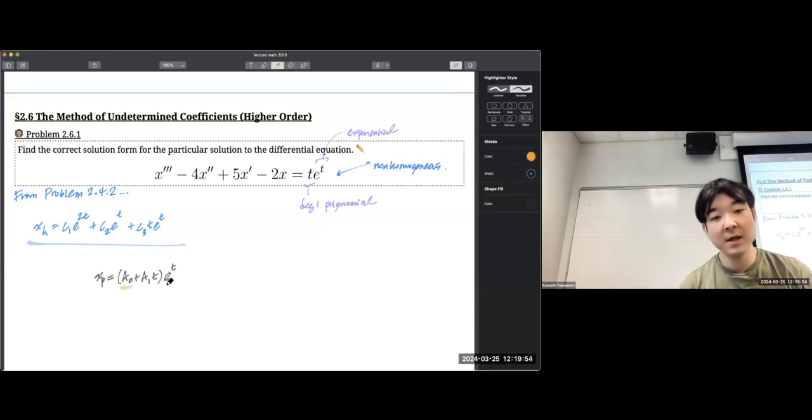Yeah, so if you took this a naught and distributed it with this e to the t, that will match with this. But then if you also distributed this a1t with this, that would have matched with this. So you have these, and because there's two of them, you'll have to multiply by t twice.